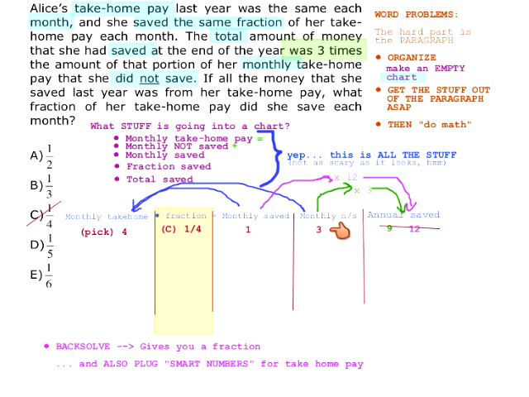You could do that, but notice you're still going to have this not fraction for this, because you have to multiply this by 3 to get the, everything else is an amount. Like, the amount of not saved per month is key because of this green arrow. You can't do the green arrow without it. So it'll be 9/4.